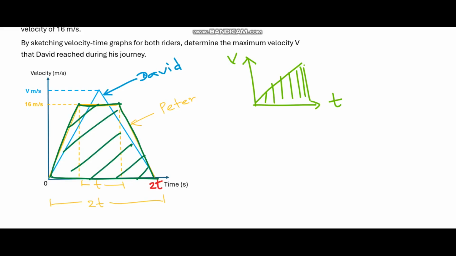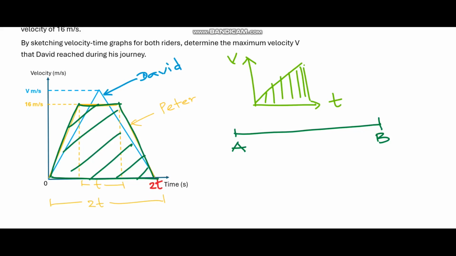So because they both started their journey at A and stopped at B, the distance traveled by David and Peter are the same. So, in other words, the area of the blue triangle is equal to the area of the trapezium.